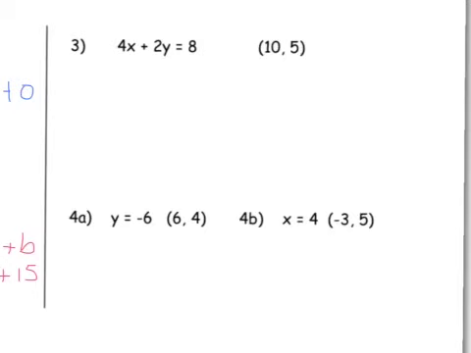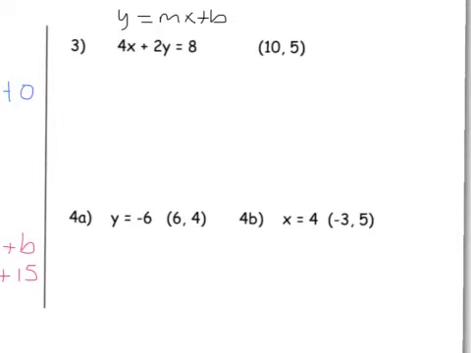Okay, example 3. We need to do the same thing, but first we need to put this standard form equation into slope-intercept form. So it needs to be y equals mx plus b. For this there's two steps. We're going to move the x's and divide by the coefficient of y.